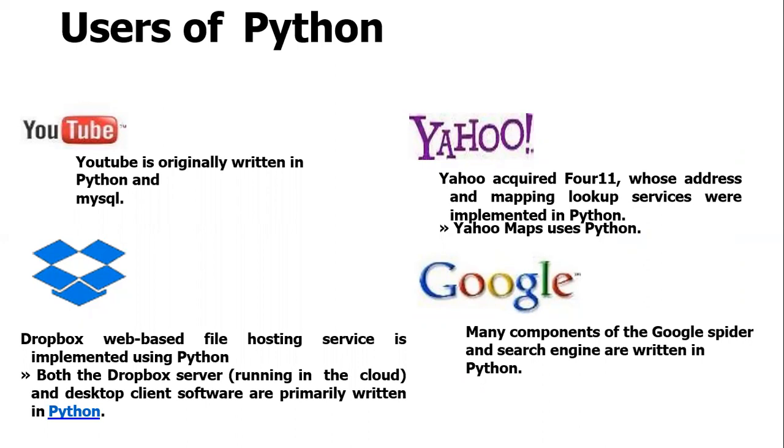YouTube was built on Python. And even Yahoo is also developed using Python. Yahoo Maps uses a lot of Python in the development of the maps and other things. And Google, many components of the Google spider and search engine are written in Python. That is one thing. And Dropbox.